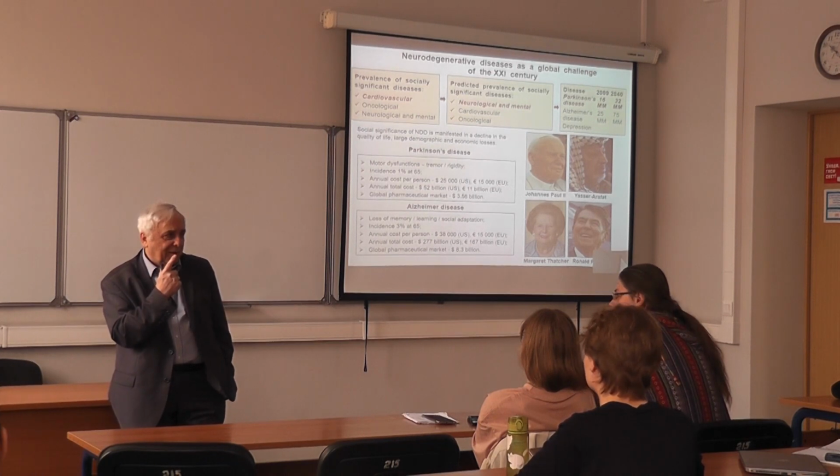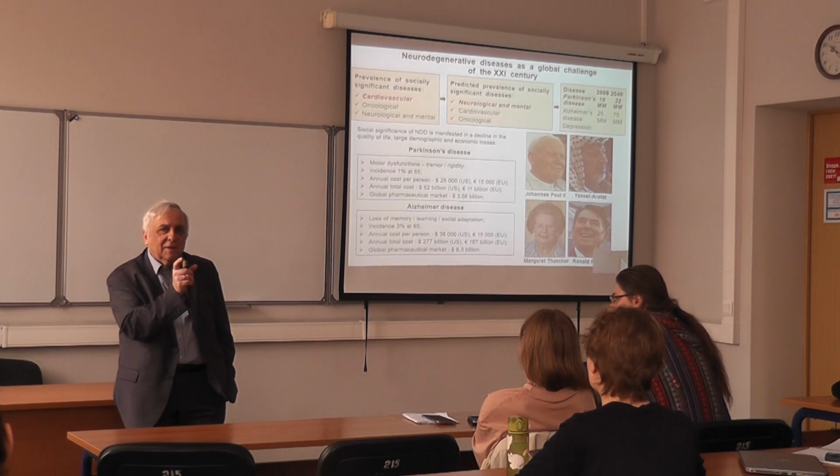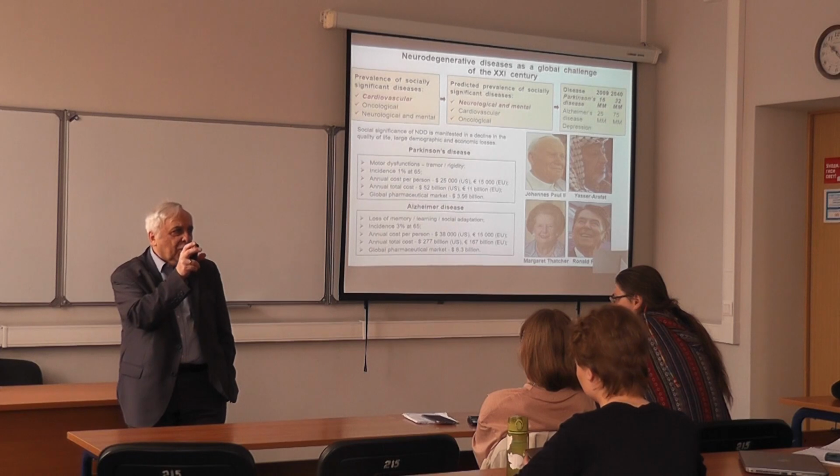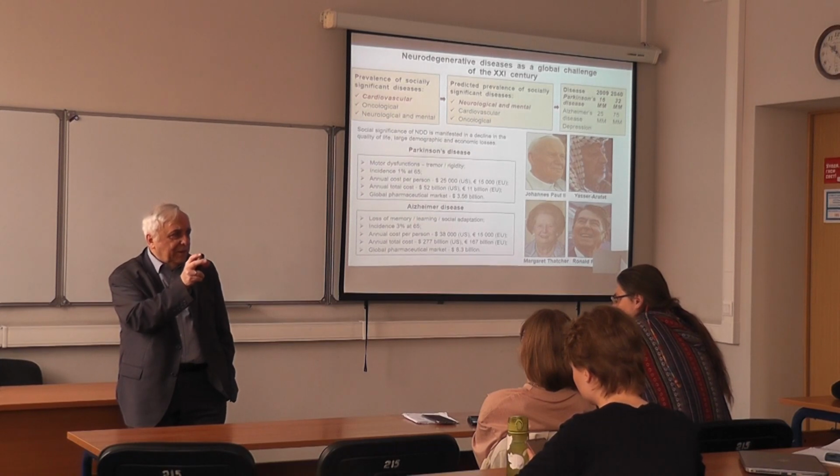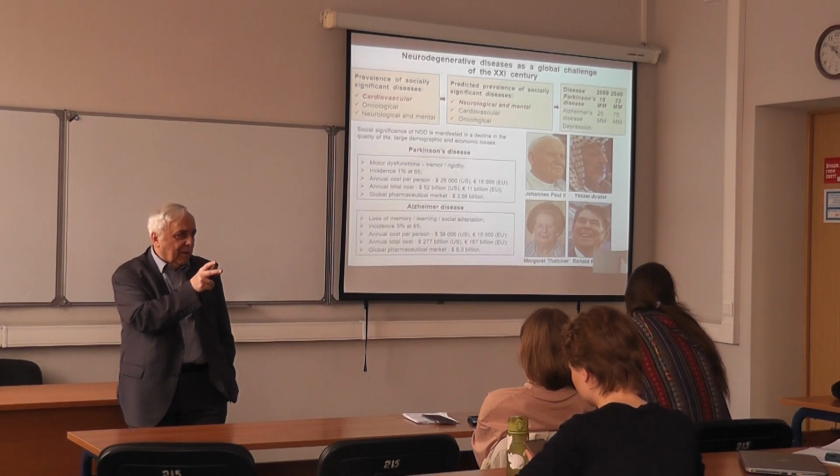But in fact, according to the classical classification in medicine, these are not diseases, they are syndromes. What does it mean? It means that this is a group of diseases with the same manifestation, but which can be a little bit different by the causes, or by the manifestation, or by something else. And also the same for Alzheimer's disease.